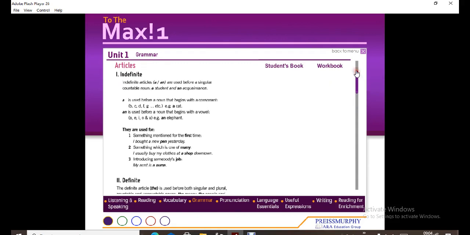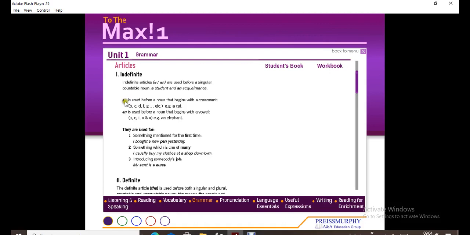Okay, now indefinite articles are a and an, and they are used before a singular countable noun, like a student and an acquaintance. Yes, this is a vowel, and here it starts with S, and this is a consonant.